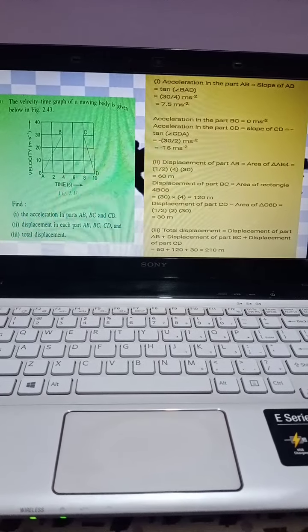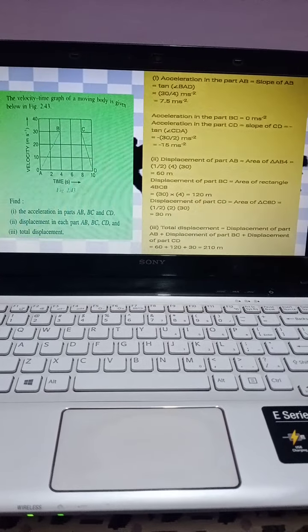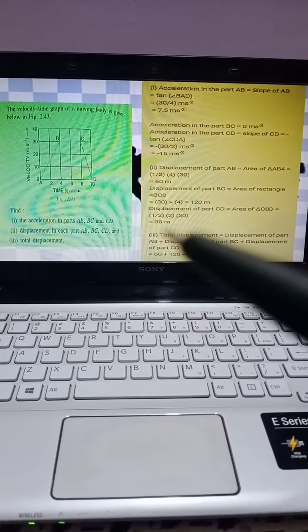Then for the next part, you have to find the displacement in each part, AB, BC and CD. As we know, to find the displacement, you have to find the area. So for the AB part, the area of the triangle becomes 60 meter. Then for the BC part, this is the area of a rectangle, and it becomes 30 meter.